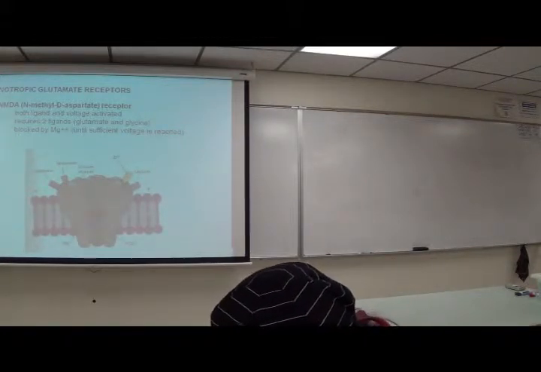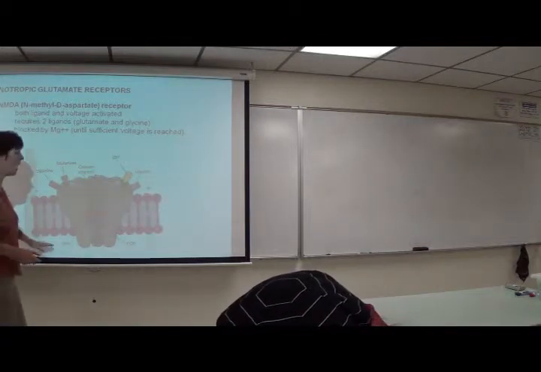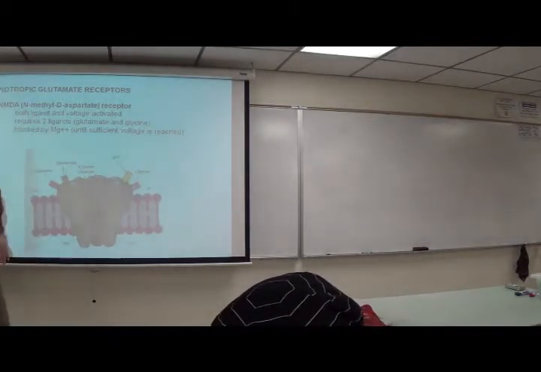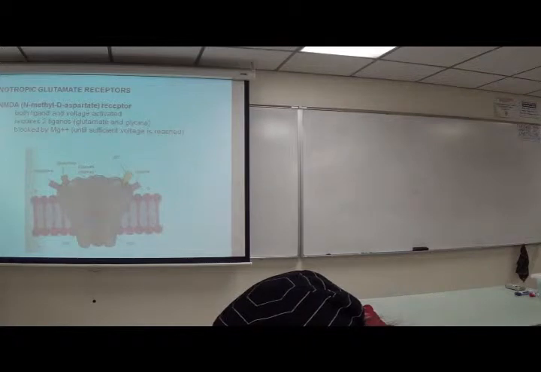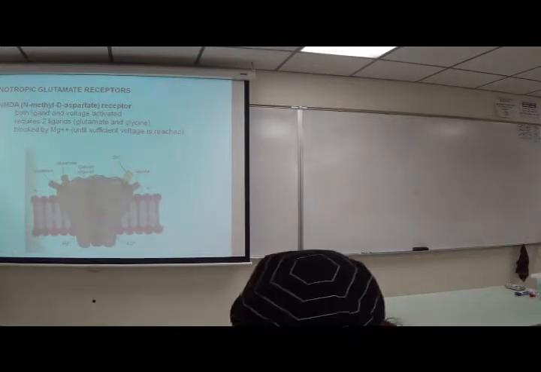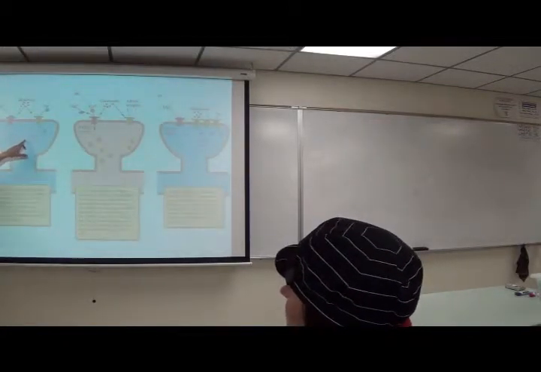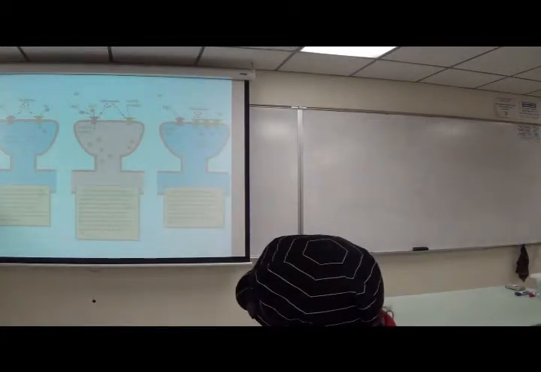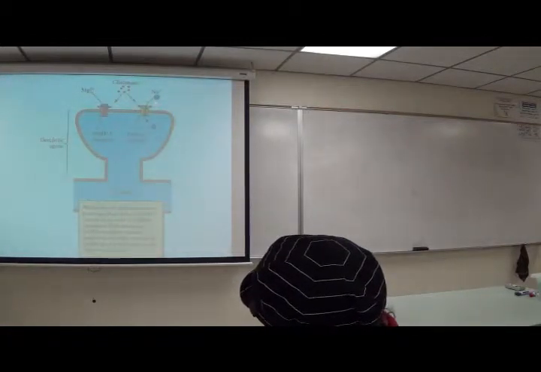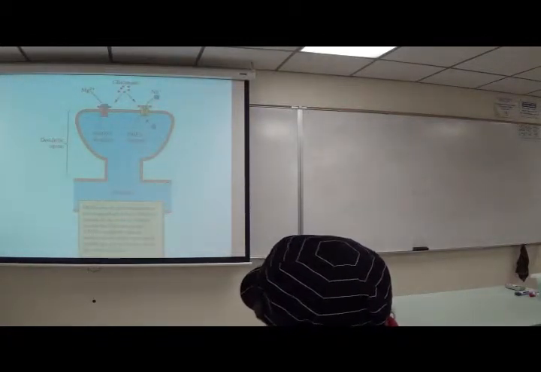This requires a higher membrane potential before it will open. So it's an ionotropic channel that is also voltage gated. So what happens? The AMPA channel is an ionotropic channel.